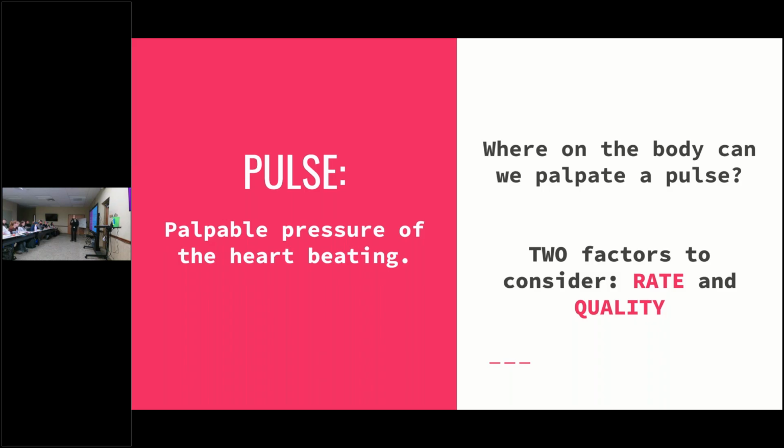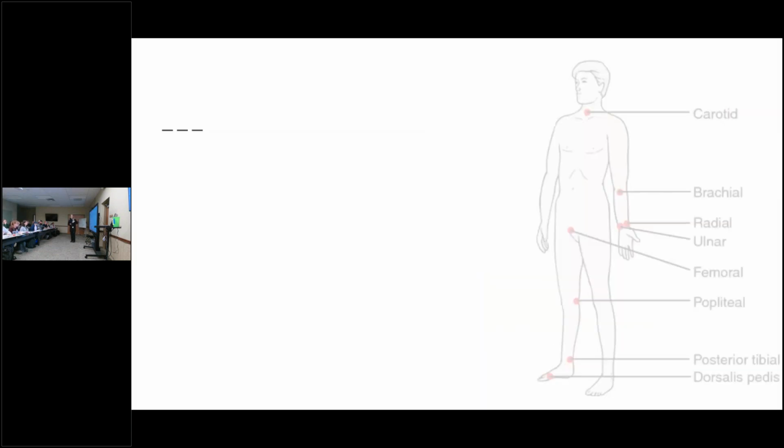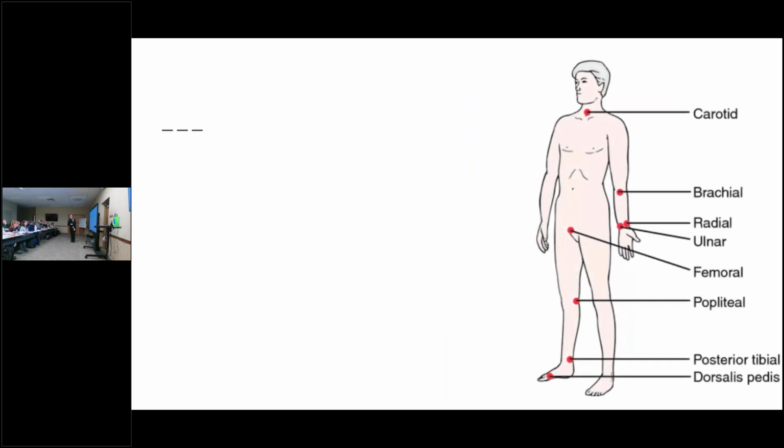So two factors to consider when we're talking about pulse. We want to look at our rate and the quality of our pulse. These are just some of the areas we talked about. Popliteal is right on the back of your knee. I think we mentioned all those other ones, so good there.